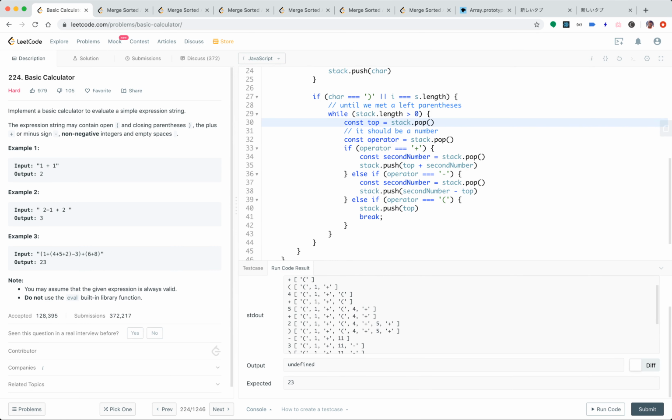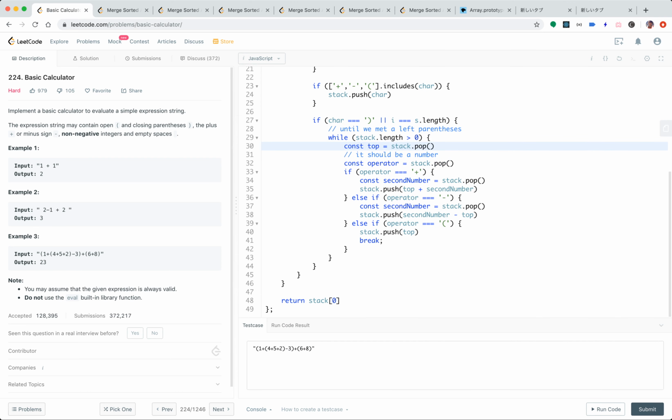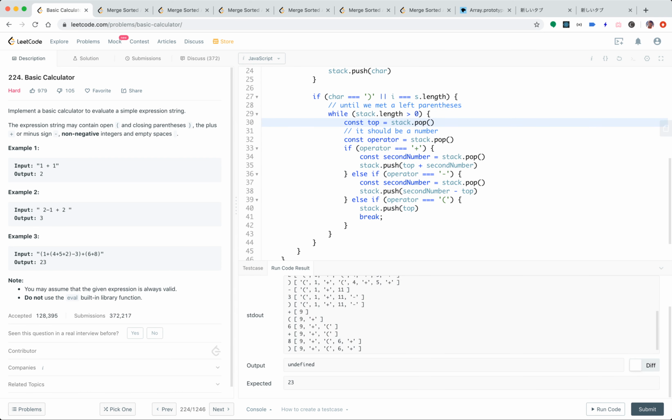Okay, so 6 is 11, and then we made minus 3. So we push this out, so we got 9, and then we plus 6 and 8, 6 and 14, and this should be undefined.